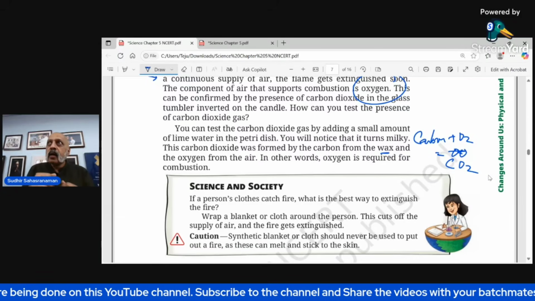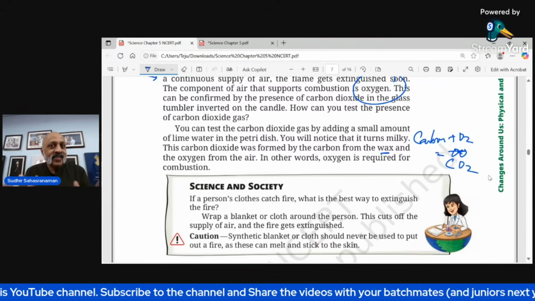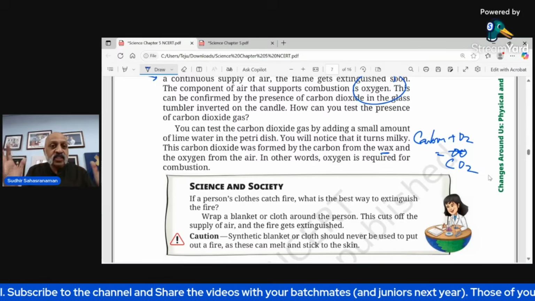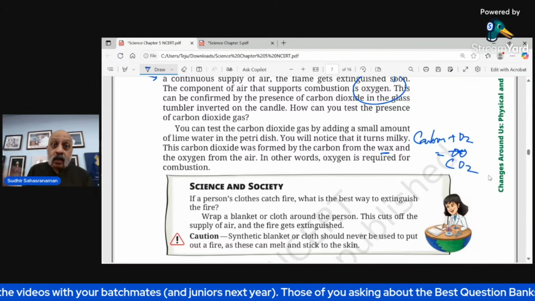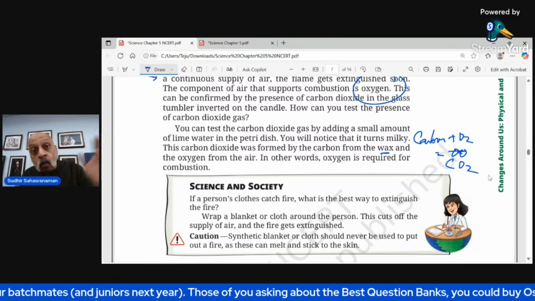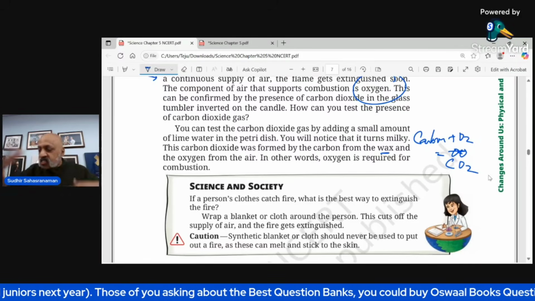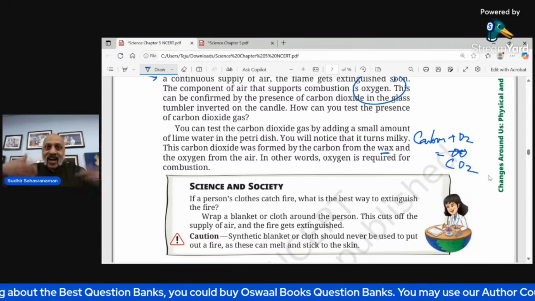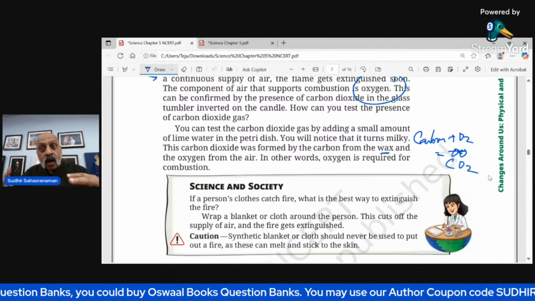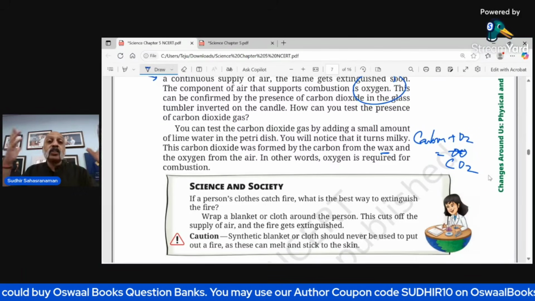Similarly, if a man has caught fire, let's assume that tragedy has happened, he runs in panic. Obviously anybody in panic will run, but the moment he runs, he's disturbing the air around him, and that actually increases the amount of fire that is catching on his body.